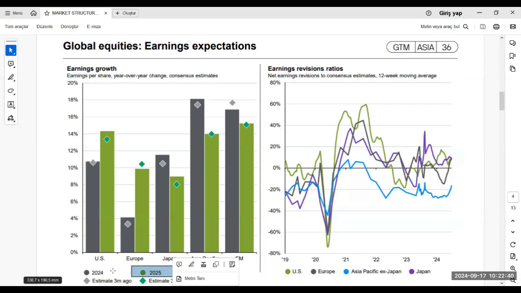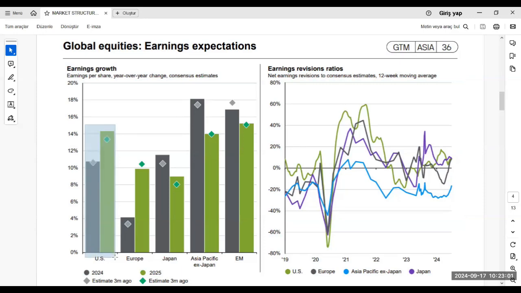This is 2024 and 2025. These are the earning expectations for 2024 and the next year. Please look at the screen here. What you can directly see are the different pages in the United States or emerging market.